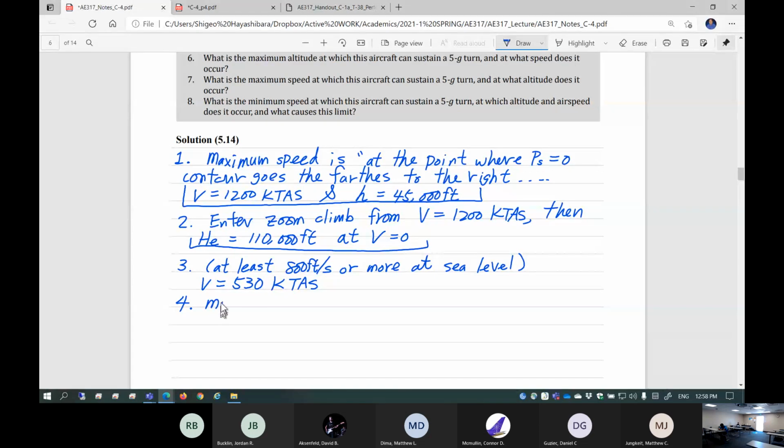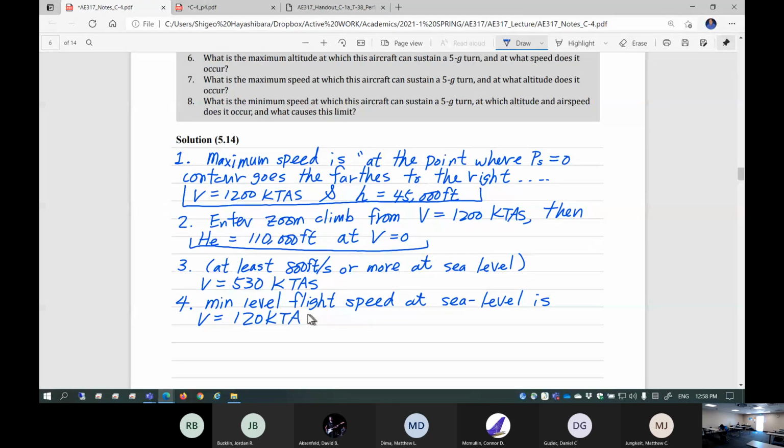So this is the minimum level flight speed. What is the value? You read it off... 160. The textbook says 120 KTAS.